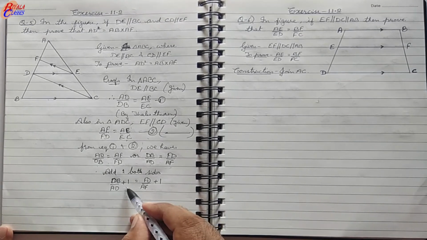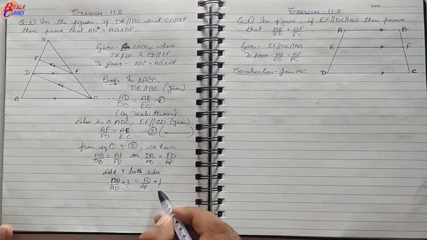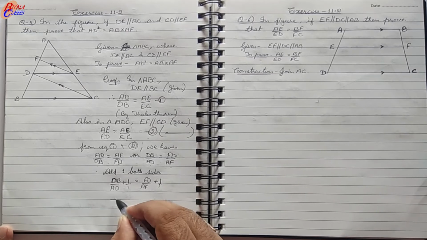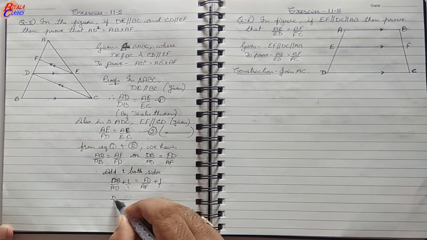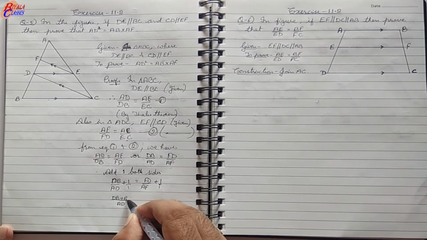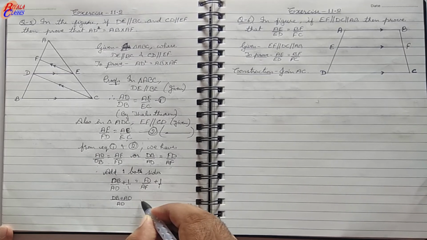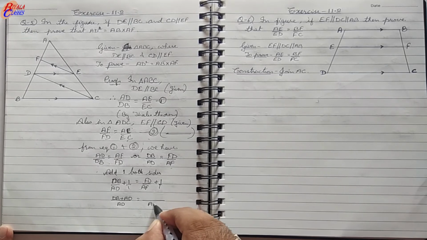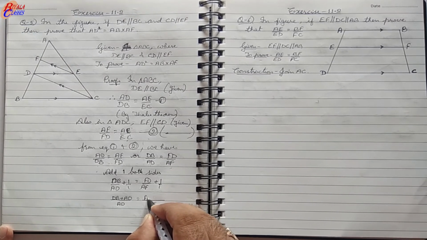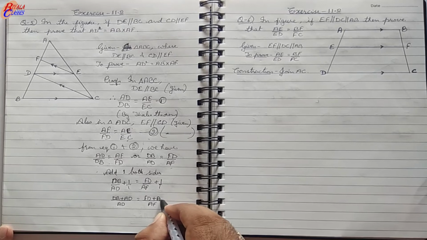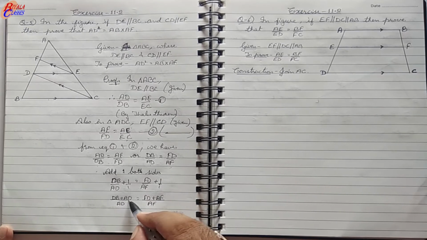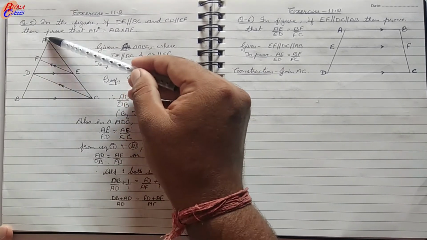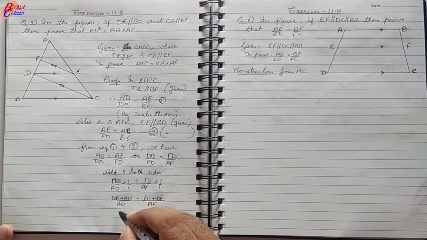Now here, taking the LCM, you can add them. So if you add it, it is AD as the LCM, and here you get DB plus AD, and on the other side the LCM will be AF, and you have in the numerator FD plus AF. Now what is DB plus AD? If you see the figure here, DB plus AD, if you add both, you get AB.